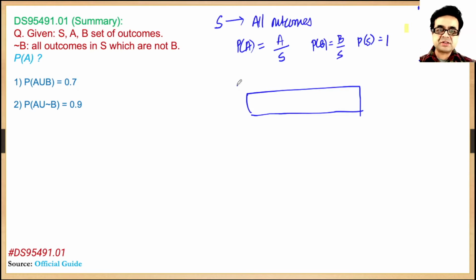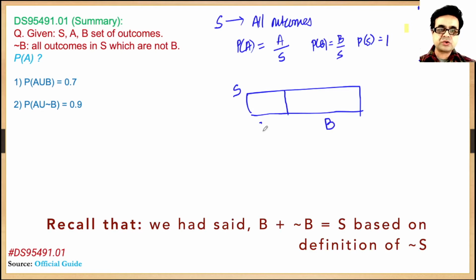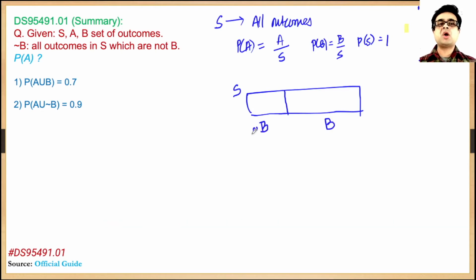So let me call this my S. This is my total number of outcomes. Now I am going to divide it a little bit like this, and I'm going to call this my B, and of course this would be all the elements that are not in set B. These will be my not B.